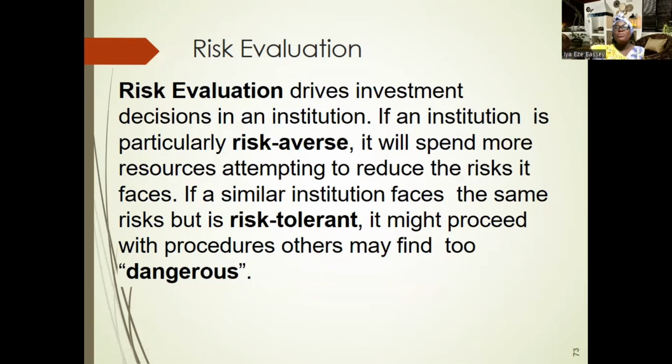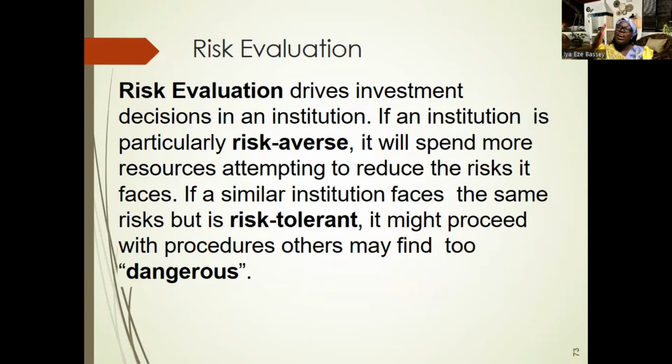So the risk evaluation is what drives investment decisions in an institution. For instance, if an institution is particularly risk averse, you will find that it will spend more resources attempting to reduce the risk it faces. It doesn't want problems.